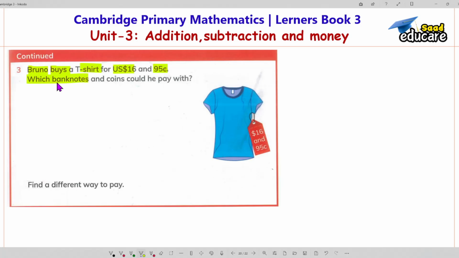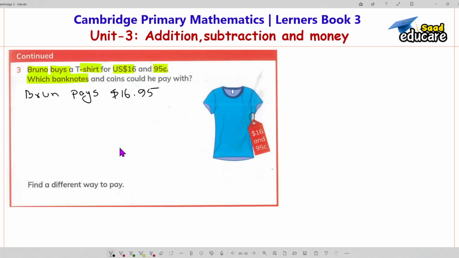It means what is the combination of coins and notes he pays? Suppose Bruno pays $16.95.